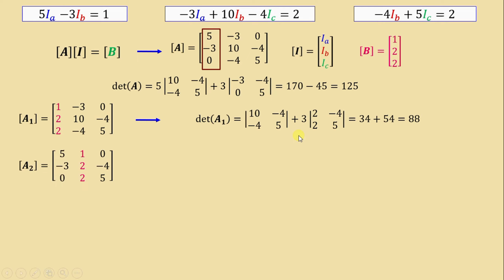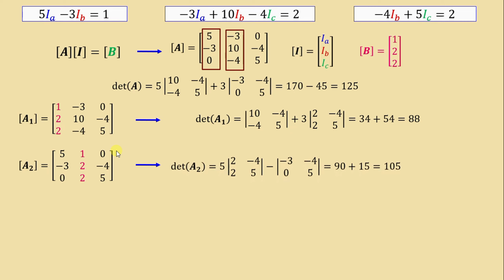We go now to define matrix A2. We obtain matrix A2 by replacing the second vector of A by vector B. We go now to calculate the determinant of A2, which is given by 5, and we cancel the first row, first column, and negative 1, and we cancel the first row and the second column.